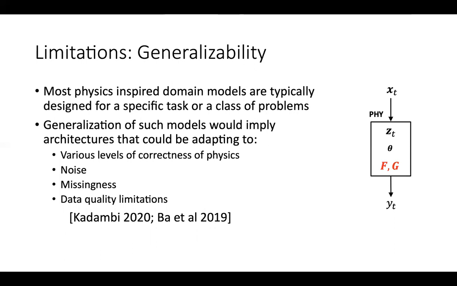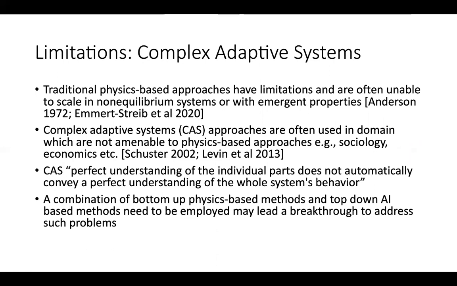And then there's, of course, the problem of generalizability, at least for a certain class of physics-inspired models that I alluded to earlier, in that they are for specific tasks and classes of problems. So ideally what we want is models which can work with different levels of correctness, with noise, data missingness, and other data limitations. Also, for certain extremely complex phenomena like complex adaptive systems, traditional physics-based approaches have limitations.